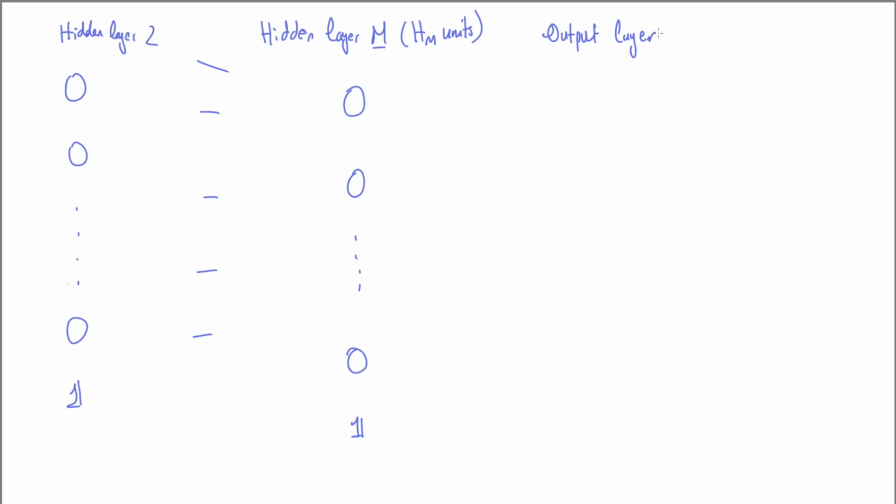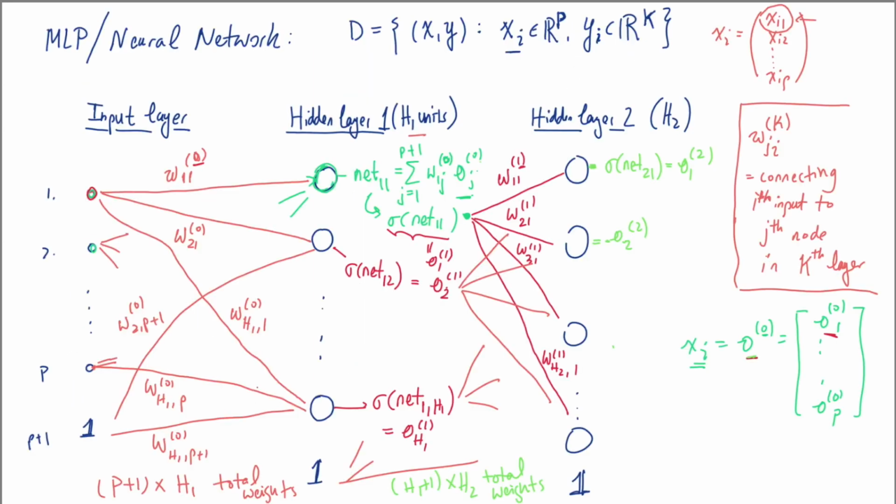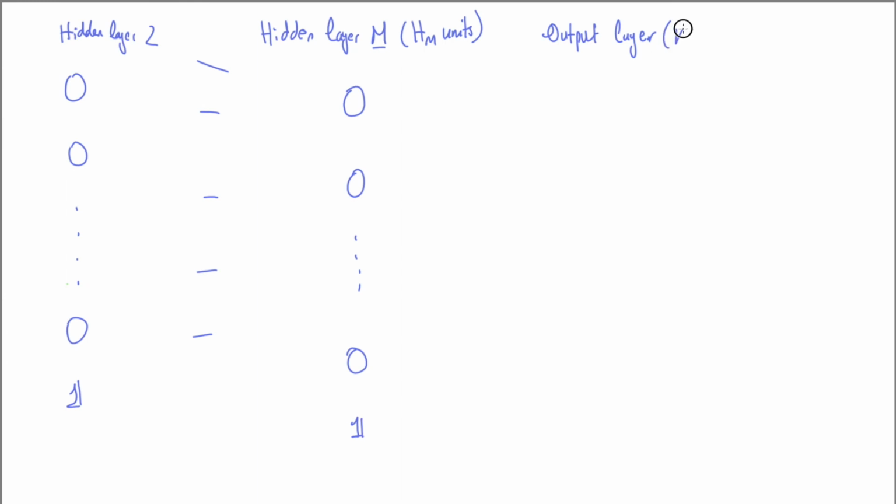Okay, and remember, the way I set this up was that we had an output of dimension k. So this output needs to be k units. Okay, and this is going to be 1, 2, 3, all the way to k. We don't need a bias anymore for the output unit. Okay, and these guys are called the k output units.